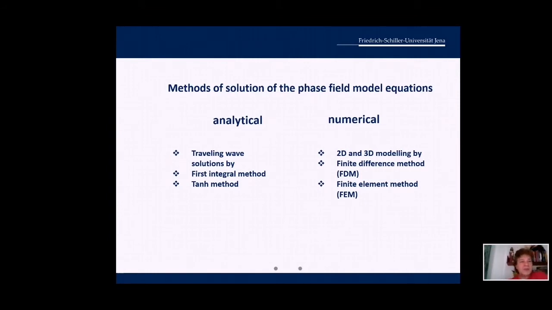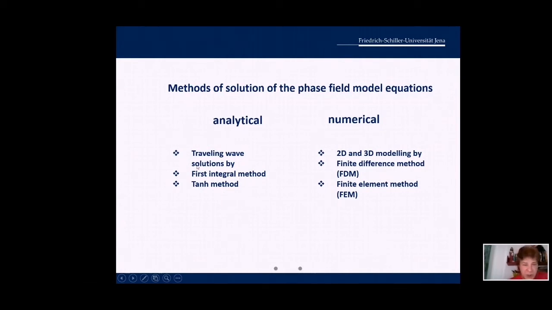There are different methods of solution of the phase field equations. As I told you, analytical methods are based on the search for traveling wave solutions, which normally can be obtained in one-dimensional space. It's the easiest way. There are different methods to get traveling wave solutions, such as the first integral method or the hyperbolic tangent method.